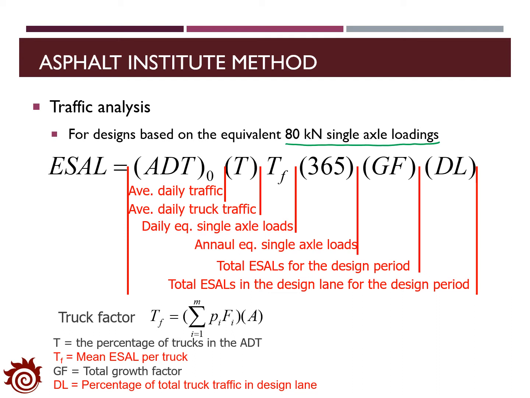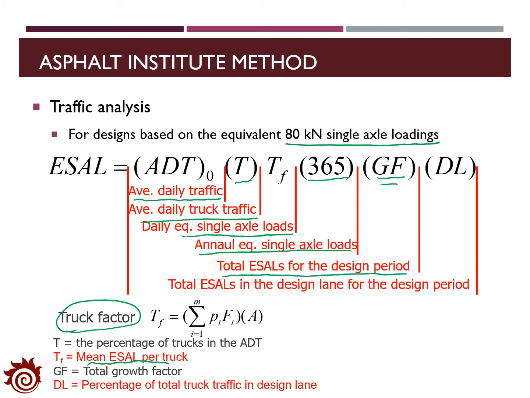The first part, the average daily traffic times T, will give you the average daily truck traffic, where T is the truck factor, and then times TF, which is the mean ESAL per truck. With that, we can find out the equivalent single axle loads, and it times 365 to find out the annual load, and then it times the growth factor to find out the total ESAL for the design period.